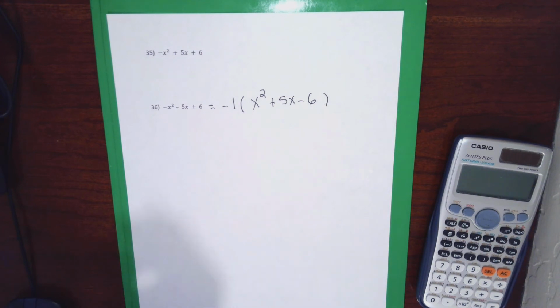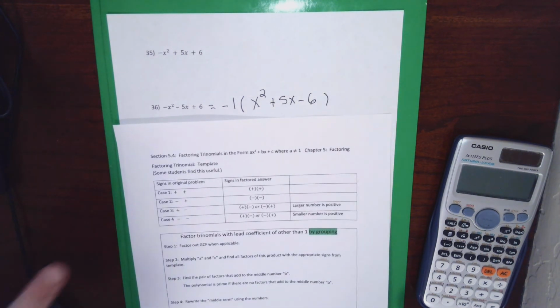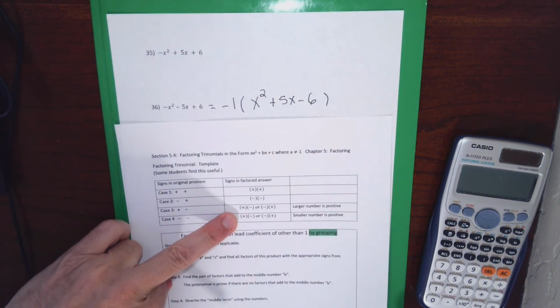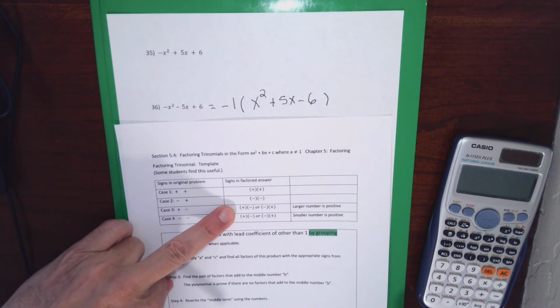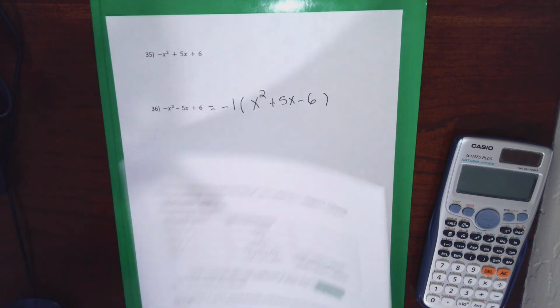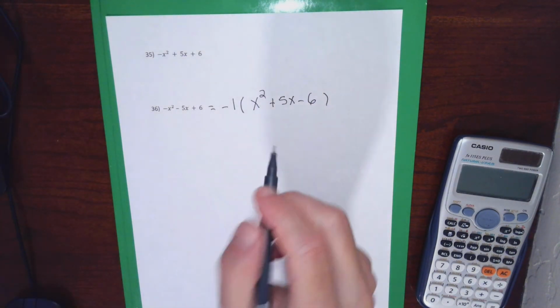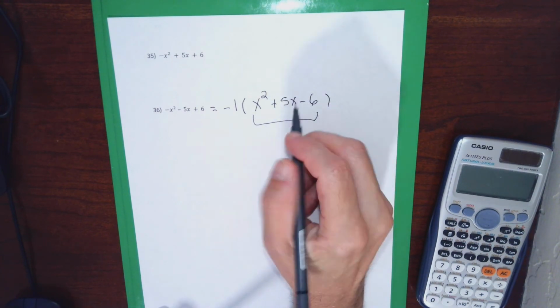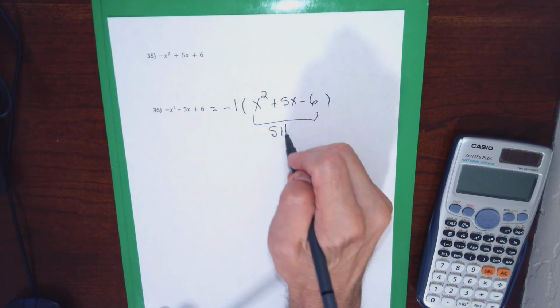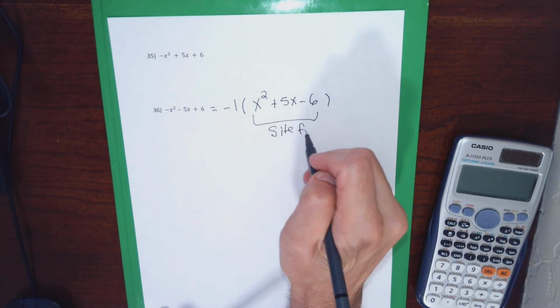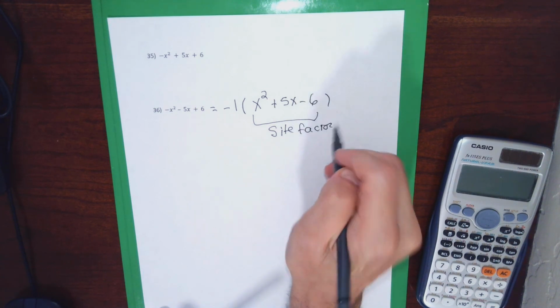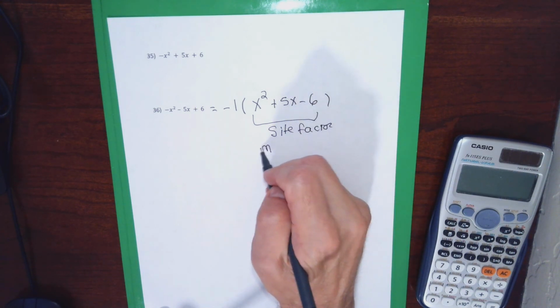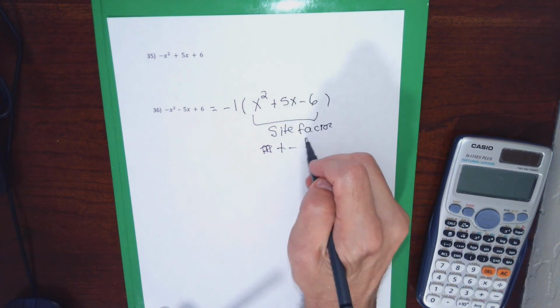This now will be sight factoring because there's not a number in front of the squared term. To figure out the numbers, I need to use my template. This is the 3rd level of my template. I'm looking for numbers that are plus and minus.